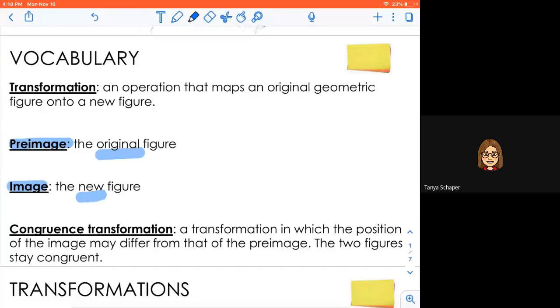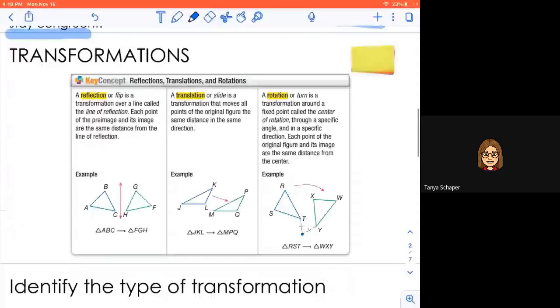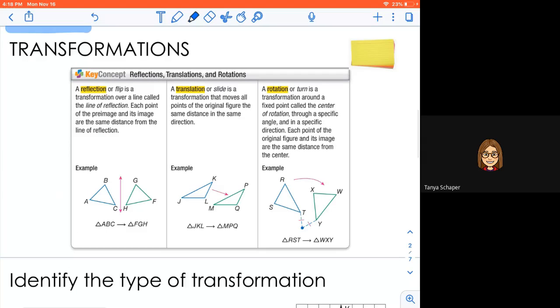A congruence transformation is a transformation in which the position of the image may differ and the two figures stay congruent. That's important, okay? So make sure these get into your note cards. These are the different transformations we're going to talk about: a reflection, translation, and a rotation.